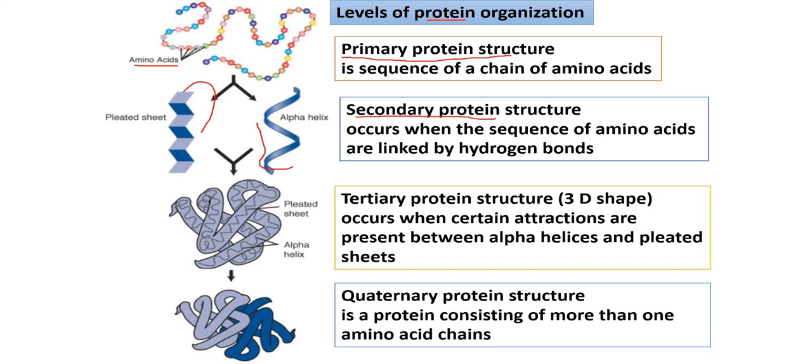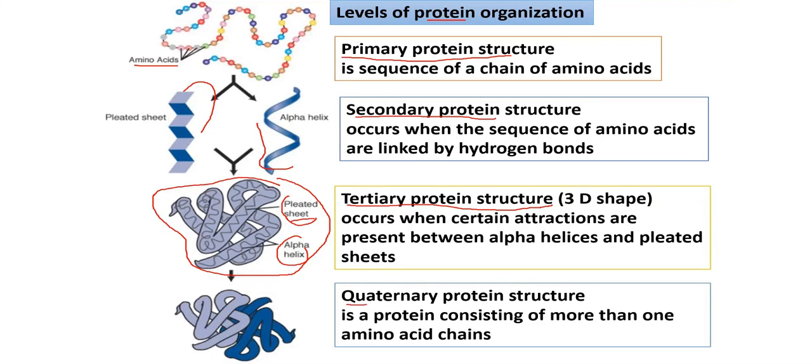Then proteins have tertiary protein structure, a 3D shape, and it occurs when certain attractions are present between alpha helixes and pleated sheets. This shows the attachments between these different parts.